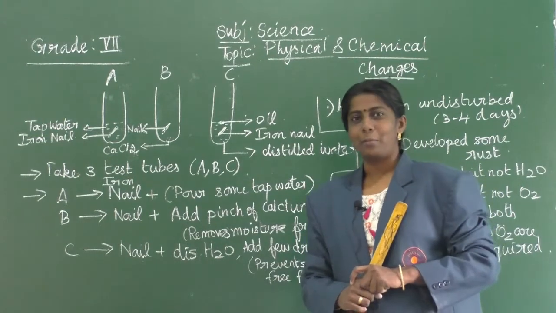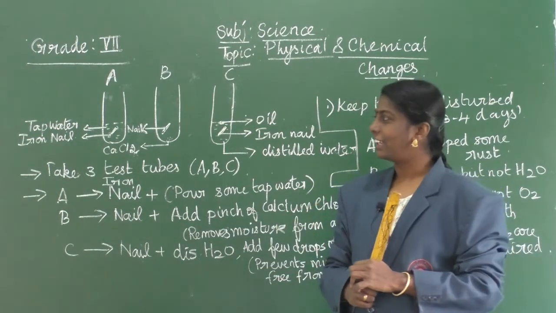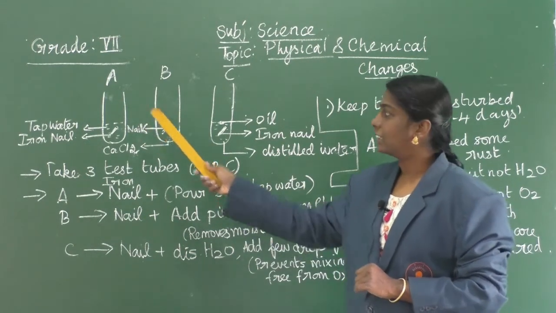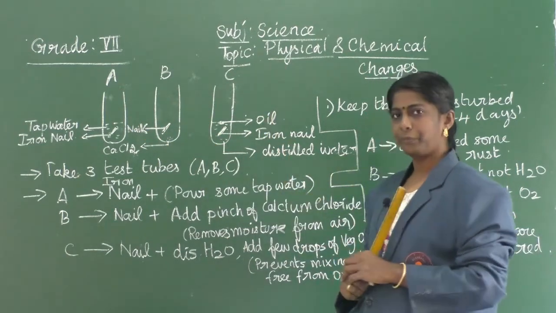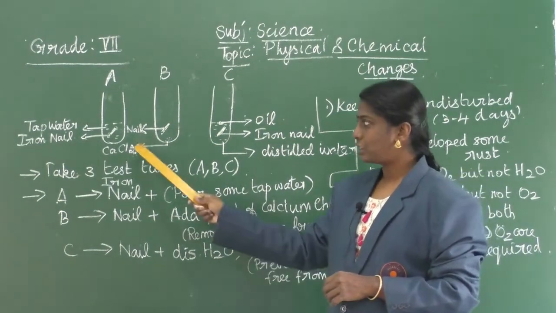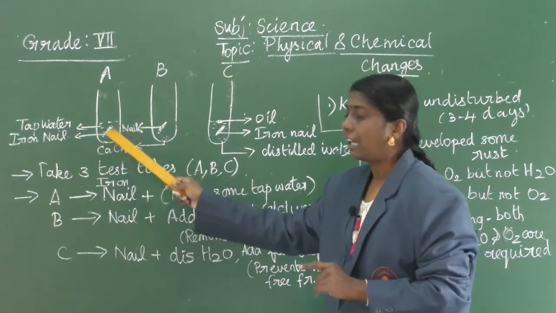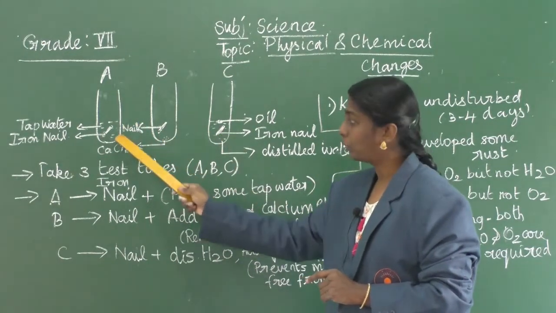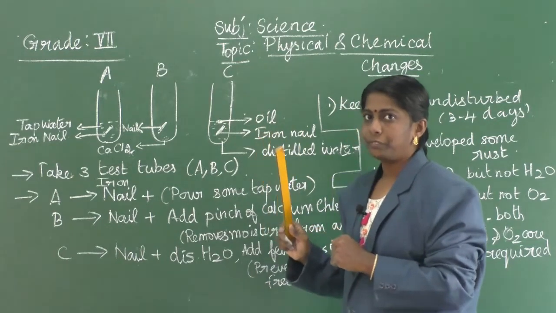Now let us learn about an activity about rusting. Okay, so here 3 test tubes are there. Take 3 test tubes A, B and C. In all the test tubes we are adding iron nails. Put 1 iron nail in each test tube. Clear?